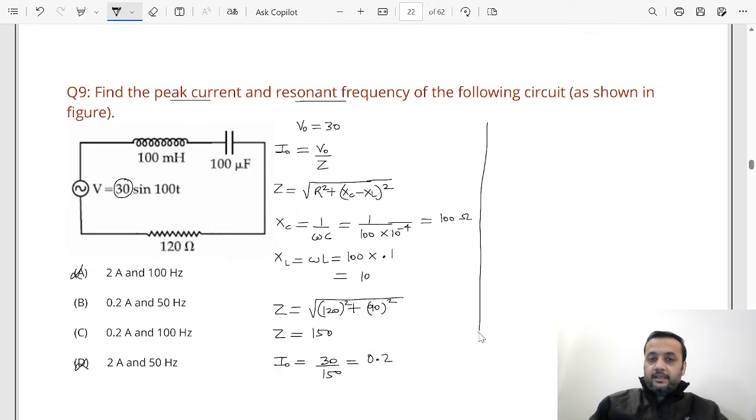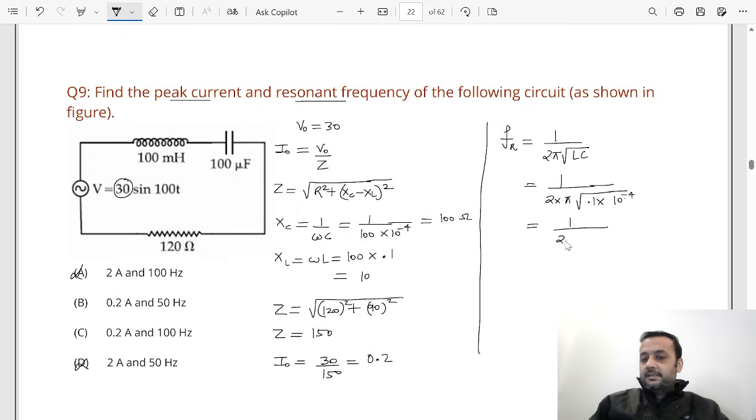Now we have to also find the value of the resonant frequency. So we know that F resonant is 1 upon 2 pi under root LC. Very standard question. So the value of L was 0.1, so we can put here 0.1, and C is 100 microfarad, so that will become 10 to the power minus 4. So effectively this will be 10 to the power minus 5.